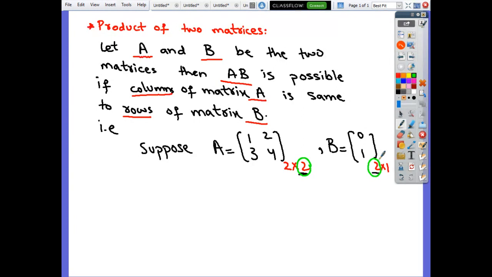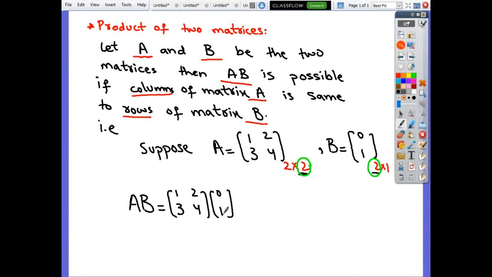How are these matrices multiplied with each other? Instead of matrix A, we write the values of matrix A, that is 1, 2, 3, 4. And instead of matrix B, we write the values of matrix B, which is 0, 1.